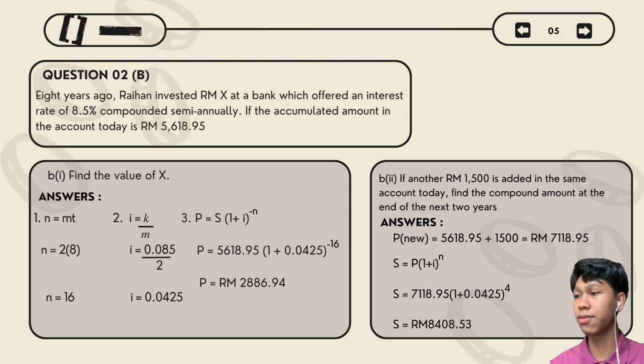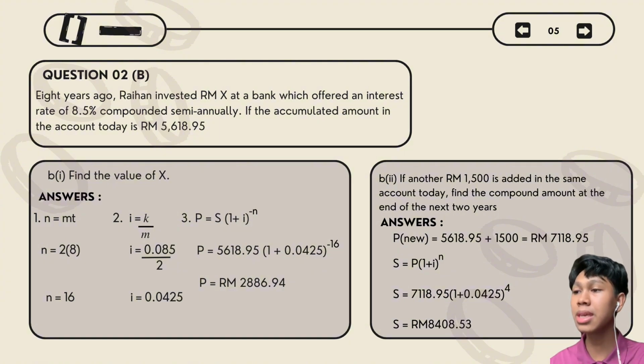The answer is, the first step of course, n equals mt, which is 2 times 8, and you get 16. The next step is i equals k over m, which is 0.085 over 2, and the i is 0.0425.